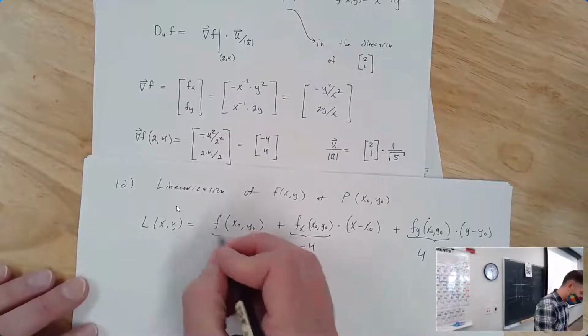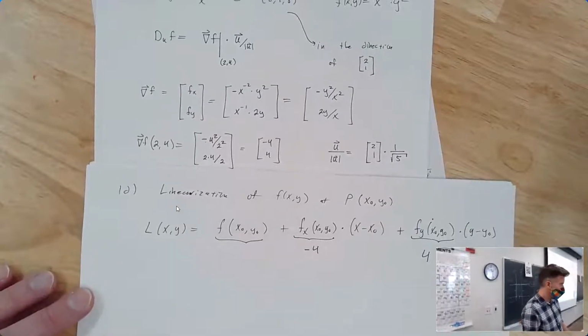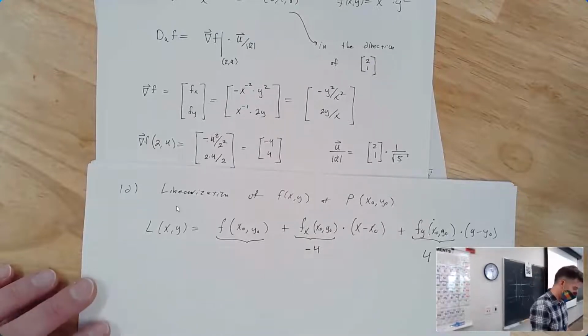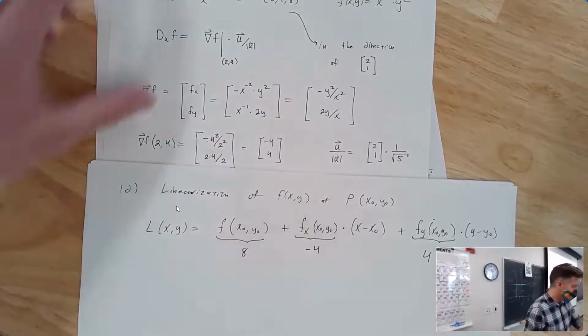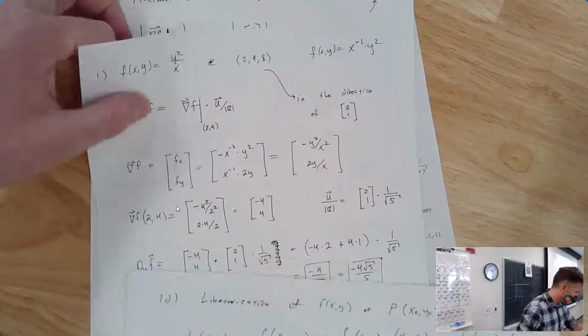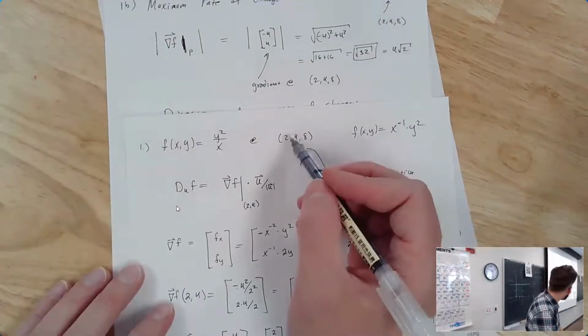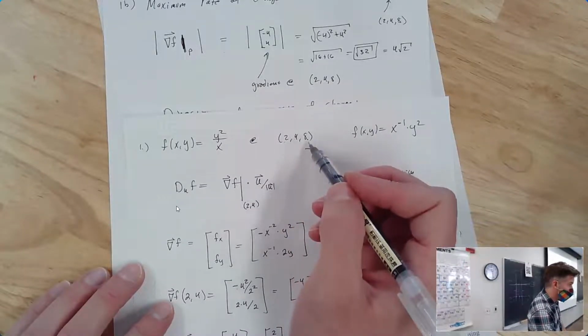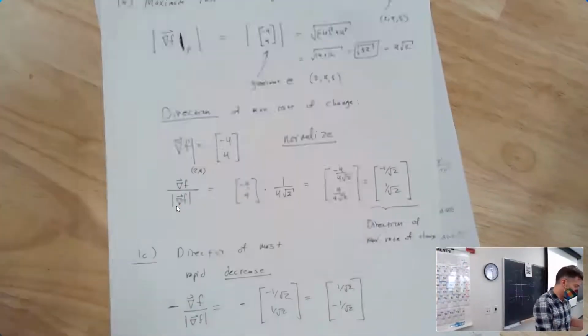And this part here should be what? My favorite number, it's 8. It's 8 because that's what the function value is. They told us that we're evaluating this at the point 2, 4, 8. X is 2, y is 4, and the function value is 8. So don't do more work than you have to do.